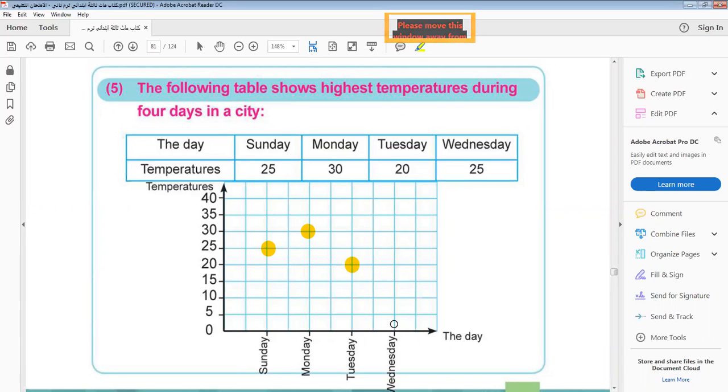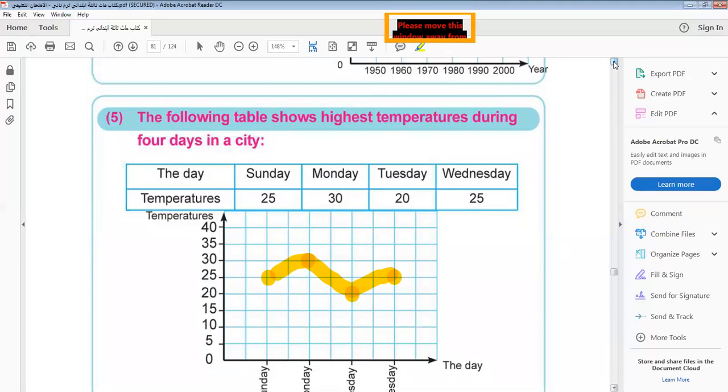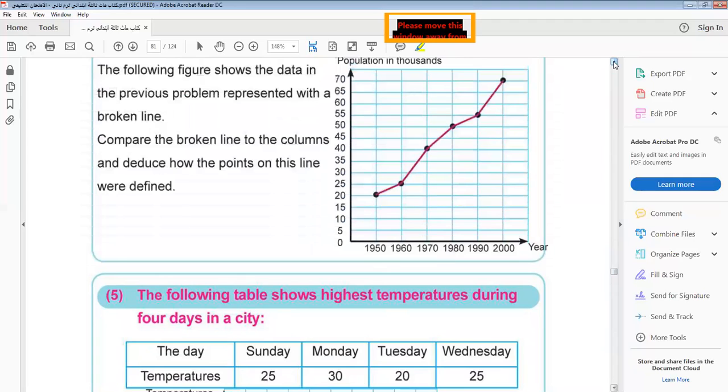And on Wednesday you have 25 till this. Then I will join them by using a ruler, just like that.